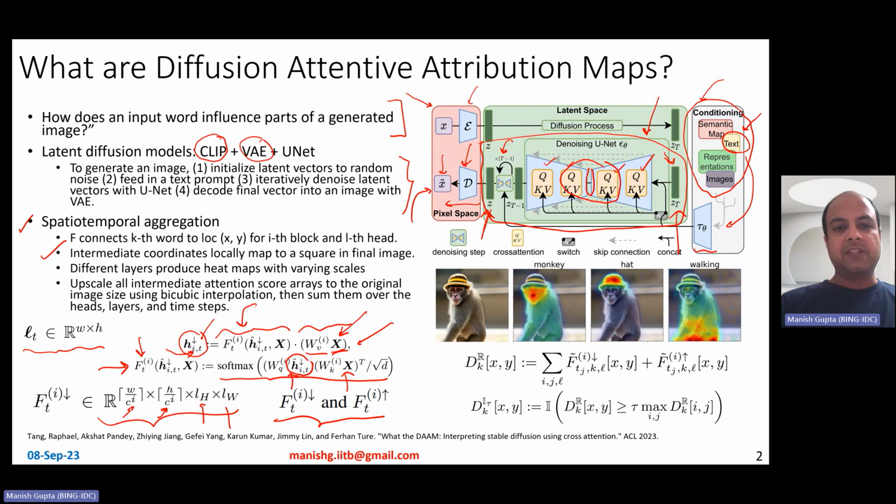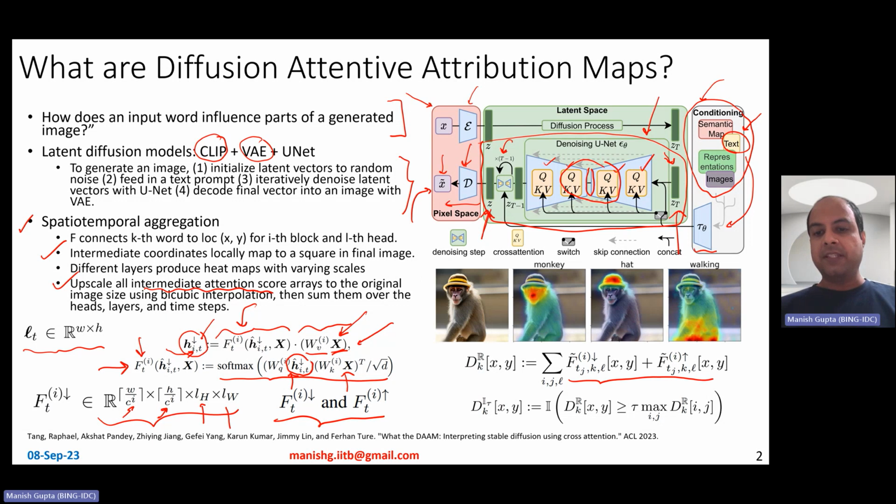These are called intermediate coordinates, and you map them to a square in the final image. After you've upscaled all of these intermediate attention scores to match the size of the original image, you just sum over different heads, different layers, and different time steps, so as to get essentially a single attention map. And you of course also combine across the forward layers and the backward layers.